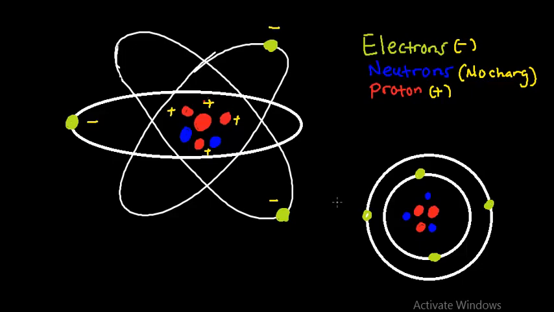Electrons fill the shells in increasing order, starting from the innermost to the outermost. The first shell can hold a maximum of 2 electrons, the second shell is 8, and the third shell is 18, and so on. This pattern follows the principle of quantum mechanics.